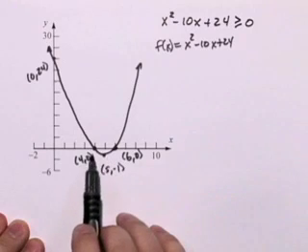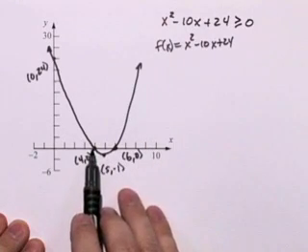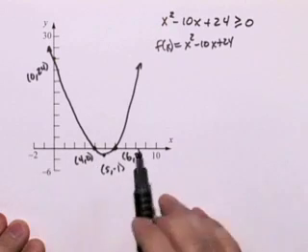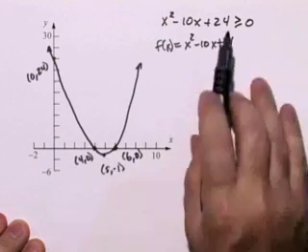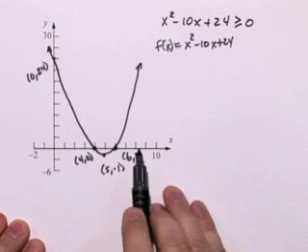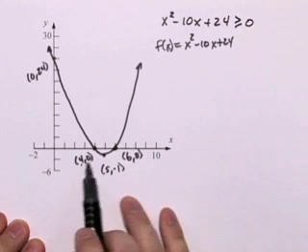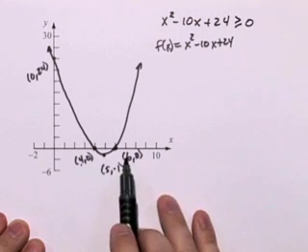From our graph, we can see that we'll have f of x greater than or equal to 0 for values of x that are less than 4. It's greater than 0 for values of x less than 4, and for values of x that are greater than 6. Since the inequality is not strict, we also include values where the function is equal to 0. That's at 4 and 6, so we'll include those in our solution set.